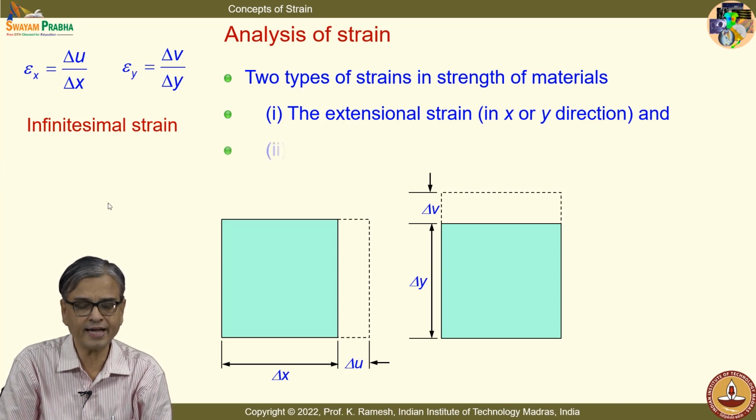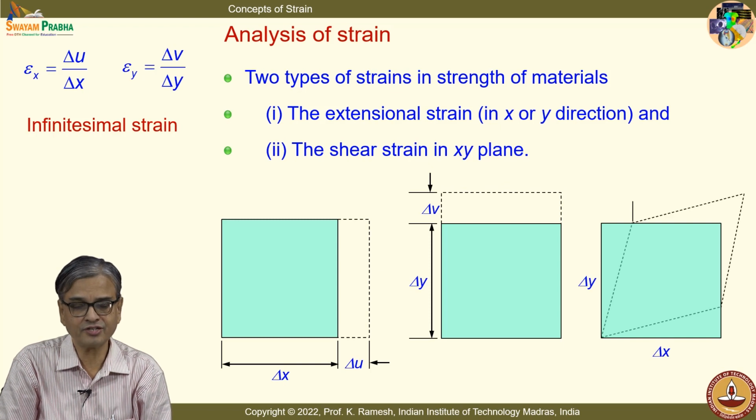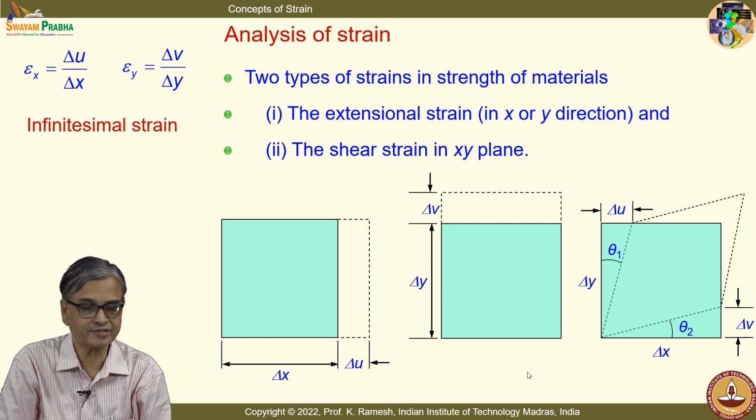And you also have a shear strain. A shear strain, we will also look at the definition a little while later. It's a change in the initial rectangle. So I have this edge rotated like this, this edge rotated like this, and that's what we have in the next slide.